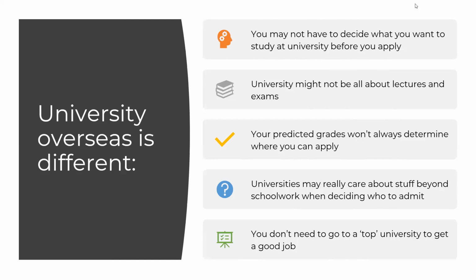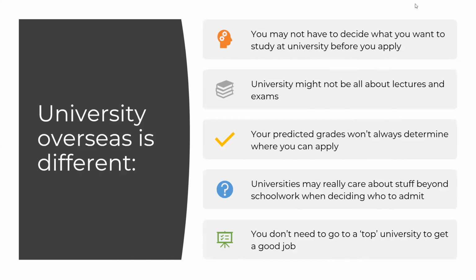A key thing when we start to look into some European university systems is that the British model, whereby your predicted grades will be the key determining factor as to where you can apply, doesn't always follow when we look at European universities. And you will see some very high quality and well-regarded universities with what might seem as relatively low entry requirements.